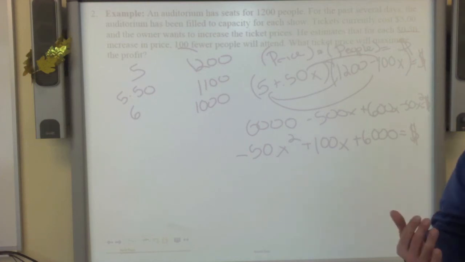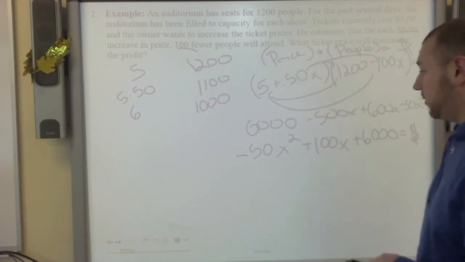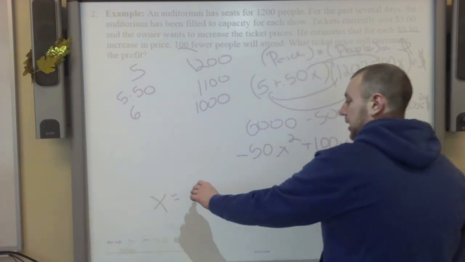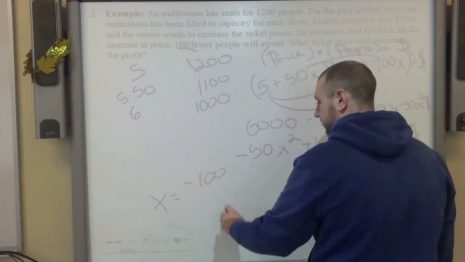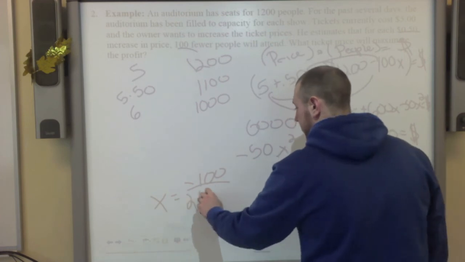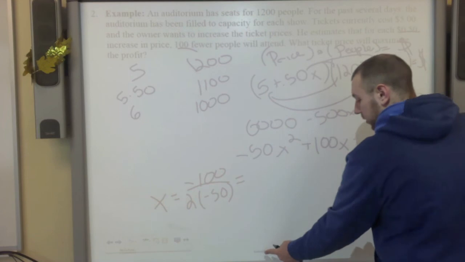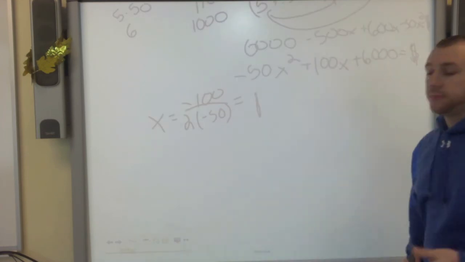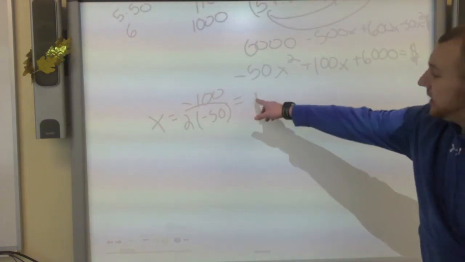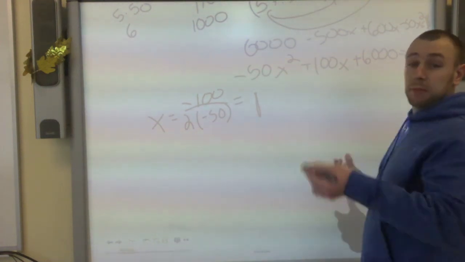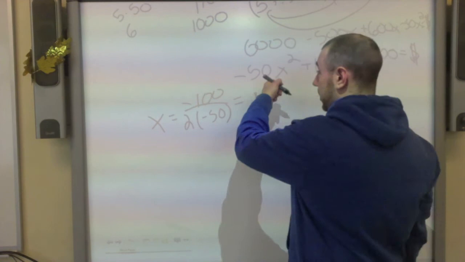So I follow the same steps. I do x equals the opposite of 100 over 2 times negative 50. That is going to equal 1. So that is how many increases I need by 50 cents. So what's going to be my maximum profit? Well, I plug it in.